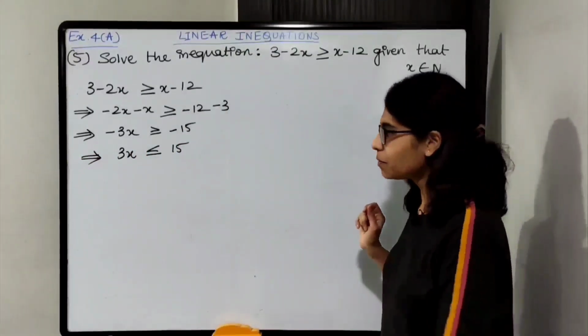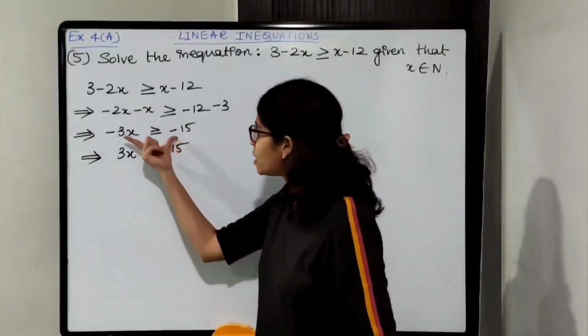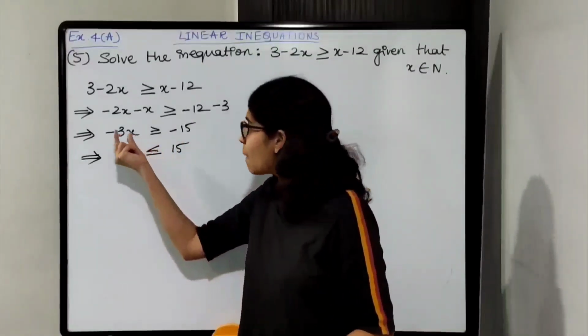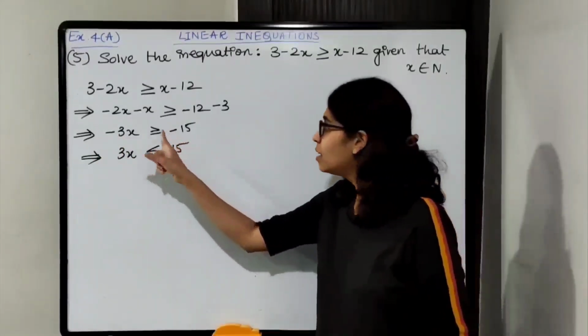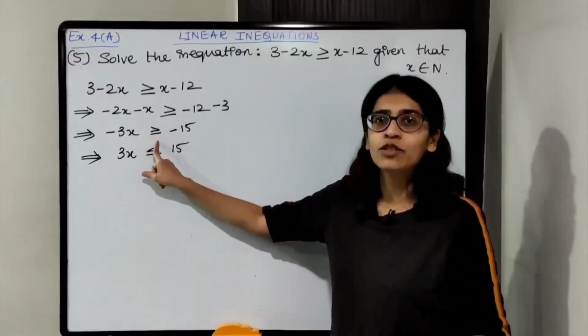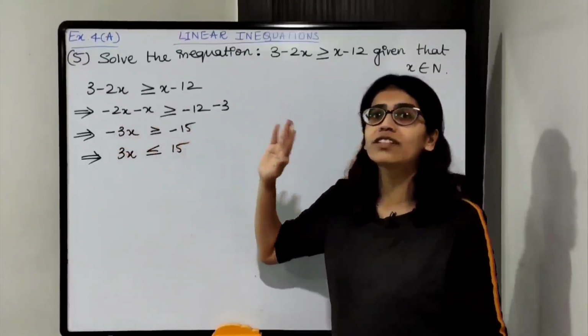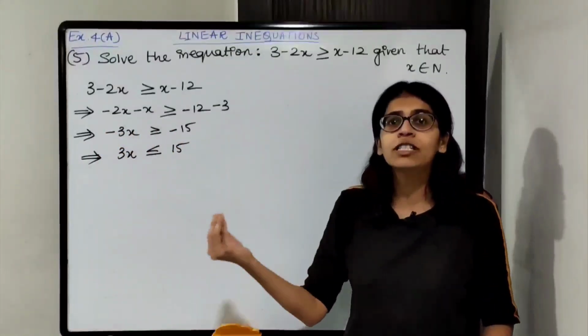Okay. Now we'll shift 3 on the other side. So students, first change the sign because minus 3x hai, and if you shift minus 3 on the other side, the inequality sign changes when you change the sign. When you shift minus 3, x becomes positive.